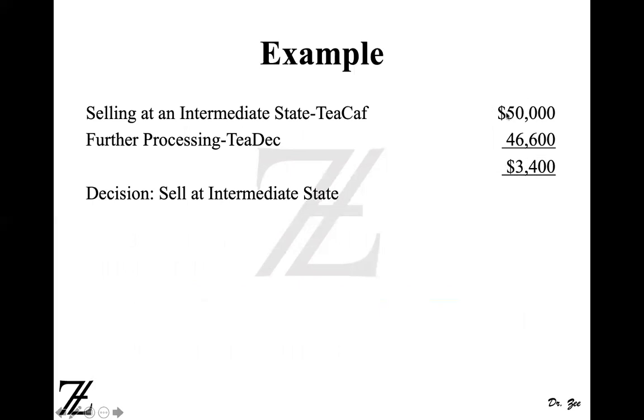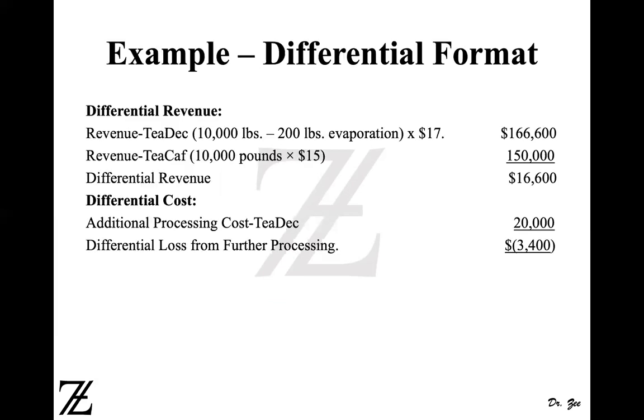You will make $50,000 if you sell it. If you process further, you will make only 46,600. Again, you have to look at subjective considerations: yes, you are selling a caffeinated tea, and in order to sell caffeinated tea, you should have some decaf too. So even though it brings a lot less profitability, you will still have to market it and sell it because that's a complementary product.